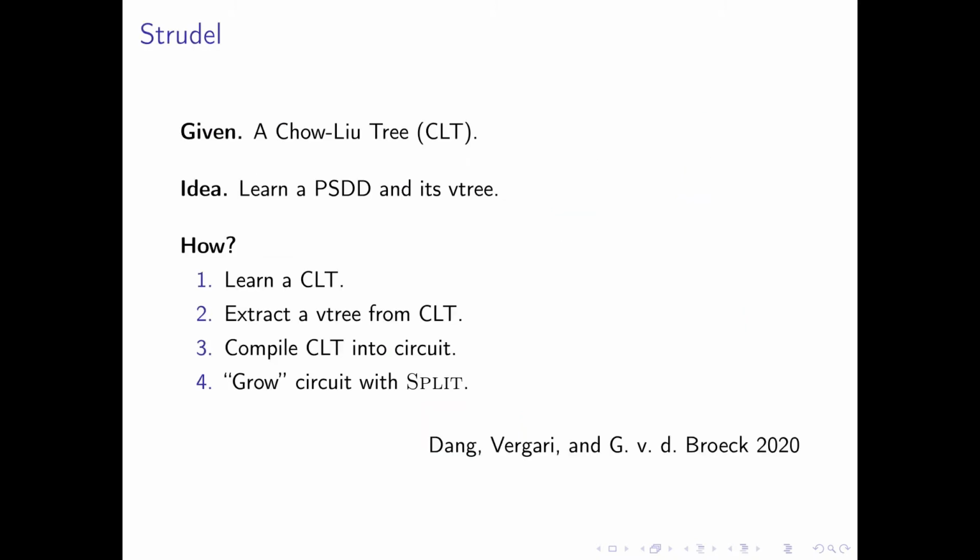Another structure learner that we have is Strudel by Deng et al. And basically their idea was, given data, to learn a PSDD and its V tree. They did this by first learning a CLT, then extracting a V tree from the CLT, compiling it into a circuit, and then growing the circuit by applying that split operation that I mentioned earlier.